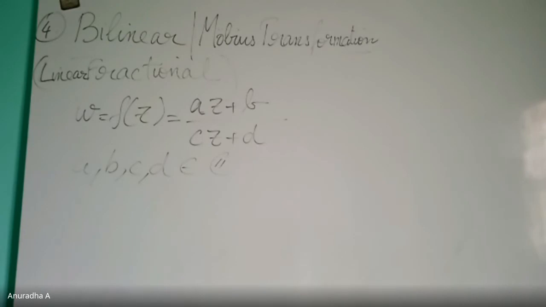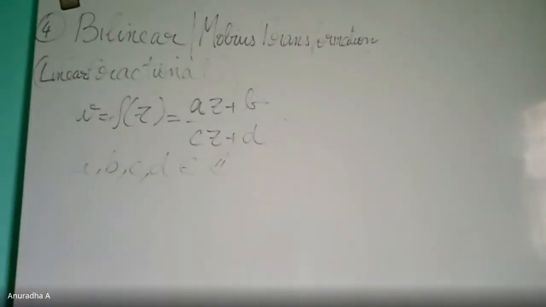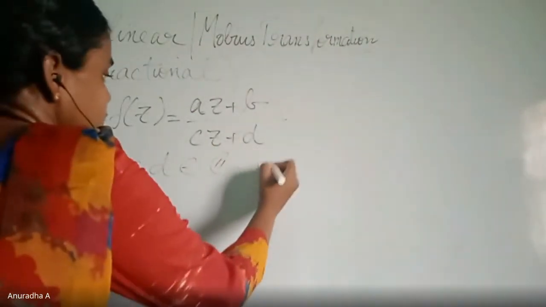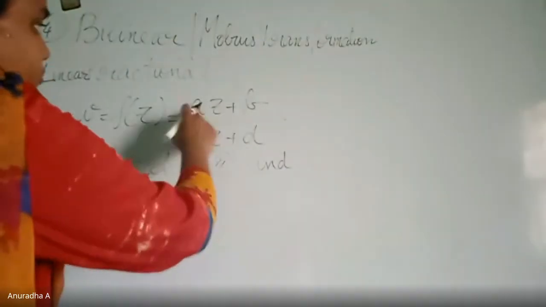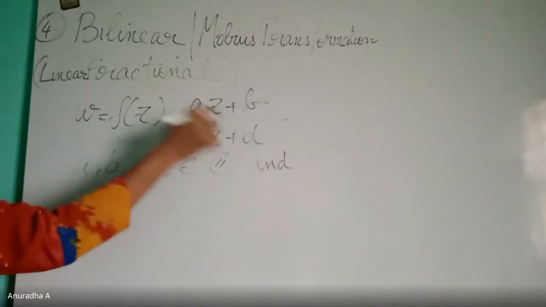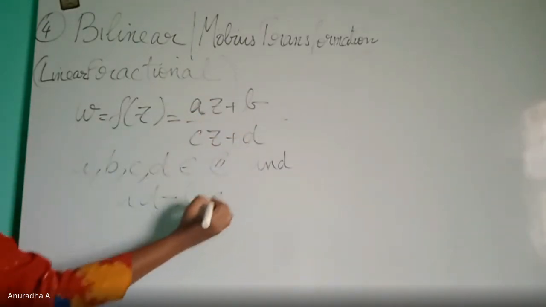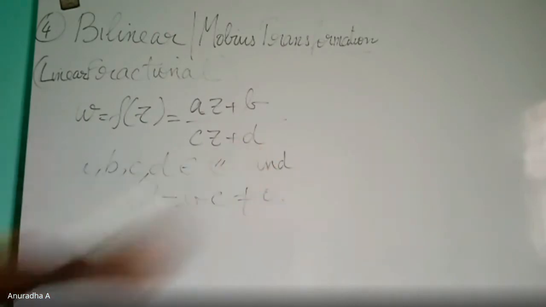And one more thing we need. This shouldn't be an indeterminate form, right? When we put the values, it shouldn't become an indeterminate form. So the condition is the determinant of A, B, C, D must be non-zero. What is the determinant? AD minus BC. AD minus BC is non-zero.